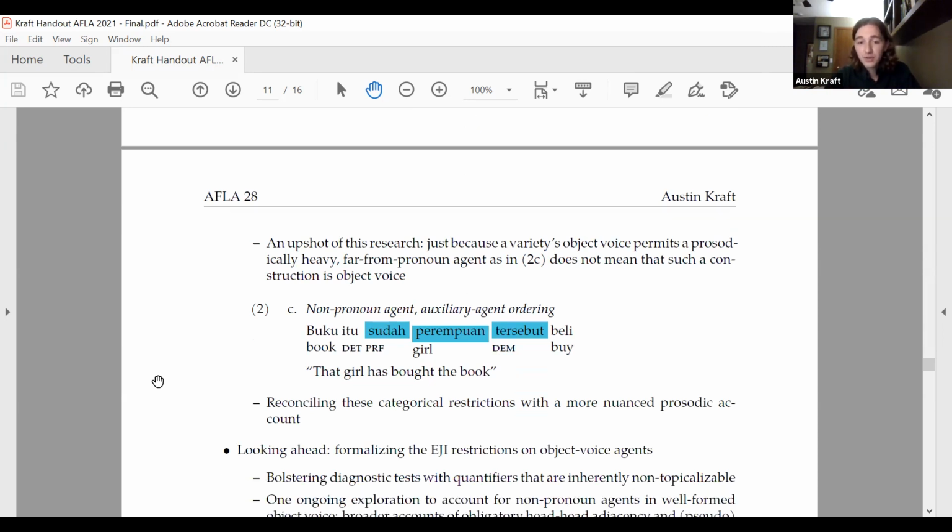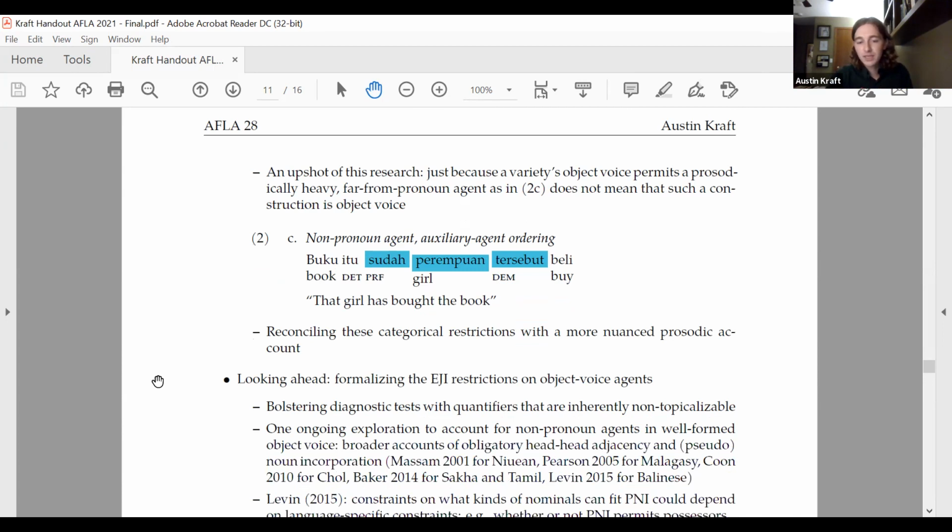And I'm looking ahead to more formal accounts of object voice agents, bolstering the diagnostic tests with, say, quantifiers that are themes that use quantifiers that are inherently non-topicalizable, so looking beyond just indefinites for that diagnostic. And then I'm exploring a variety of frameworks to account for well-formed object voice with non-pronoun agents.